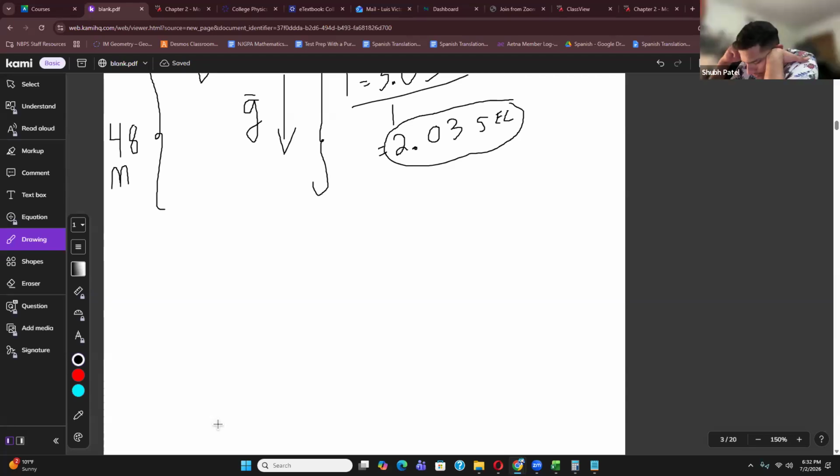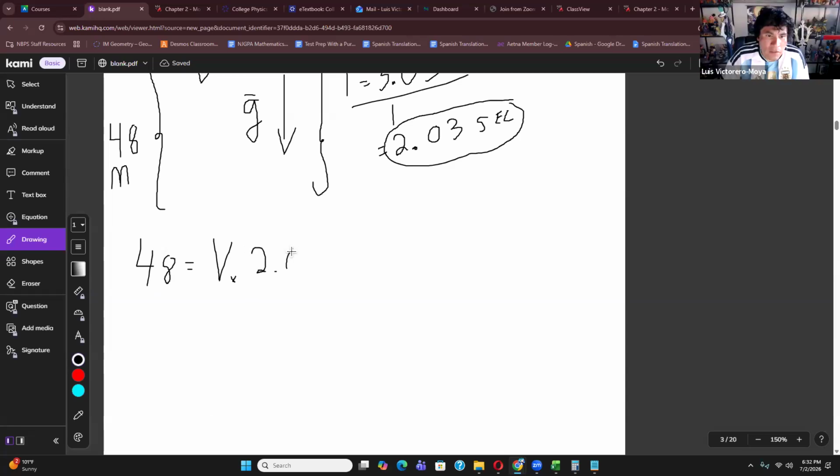Yeah. We still use the same formula, right? Y equals V initial times t plus half G times T squared. Yeah, I think this is what you did, right?